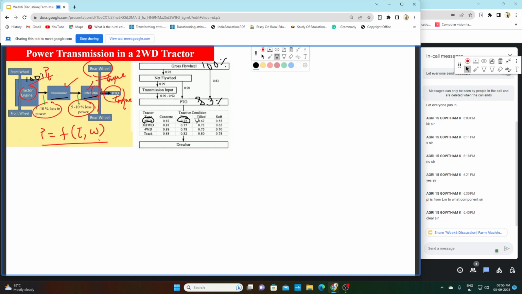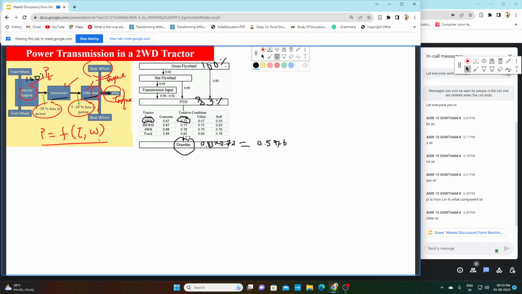So our drawbar power will be equal to 0.83 into 0.72, which is equal to 0.5976. So that is the power that we are getting in the drawbar.